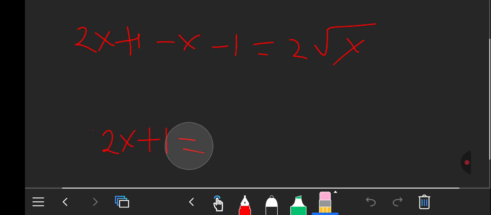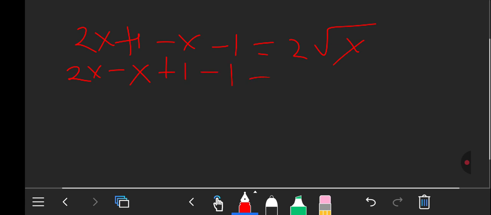So we collect the like terms: 2x minus x, then plus 1 minus 1, is equal to 2 root of x. So 2x minus x is just x. Then 1 minus 1 is just 0. So x is equal to 2 root of x.